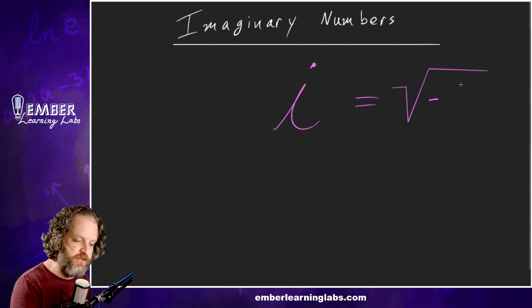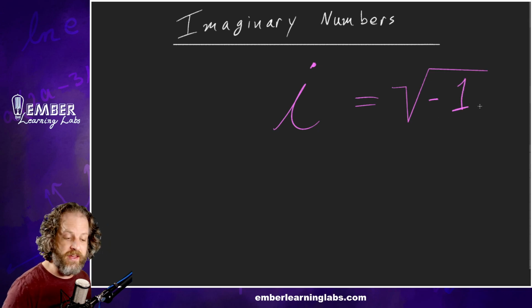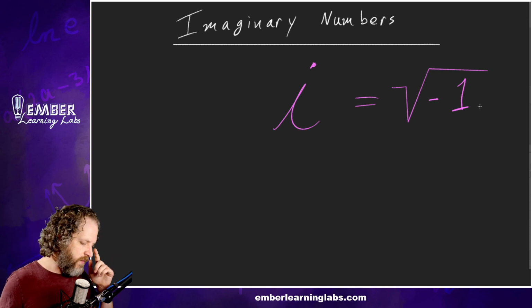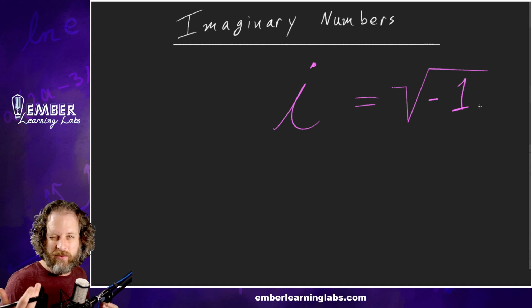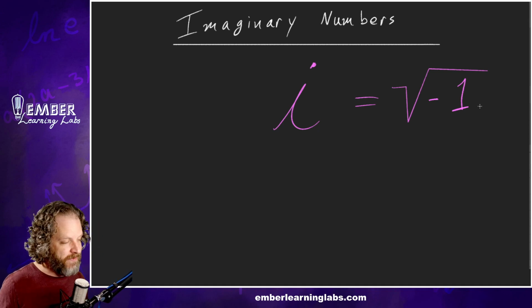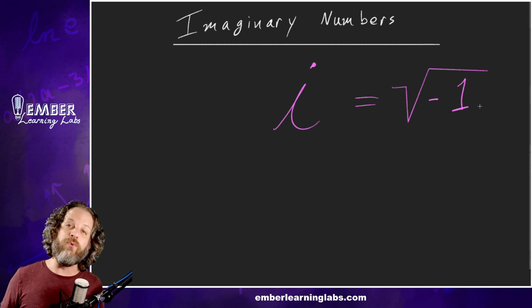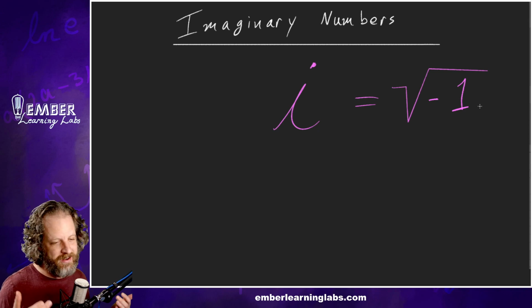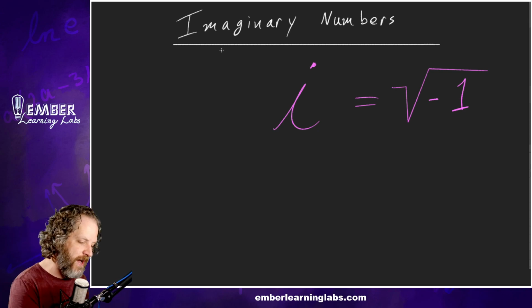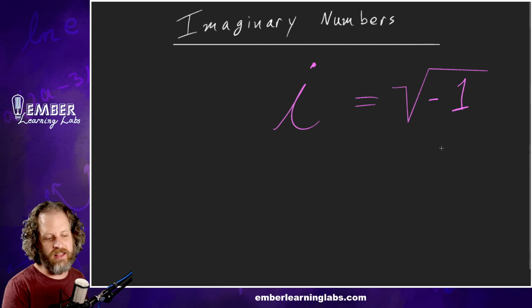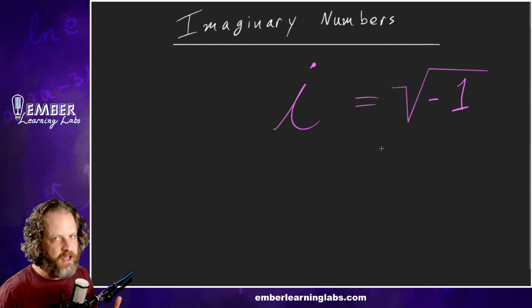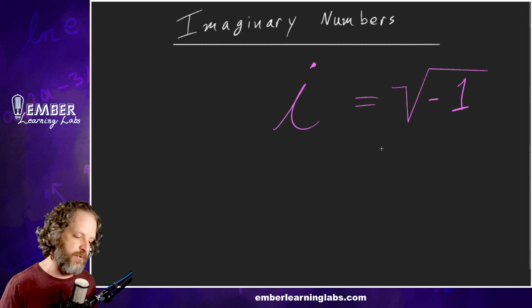If this is your first time learning about this, it's worth noting that up until this point, possibly you have been taught that you can't have a negative inside of a square root, which is kind of true. You can't have a negative inside the square root with a real number, but you can have an imaginary number, a complex number, as we're going to call it later. Okay, so that is the definition of i, and that's what we're going to be practicing in some examples dealing with that fact.